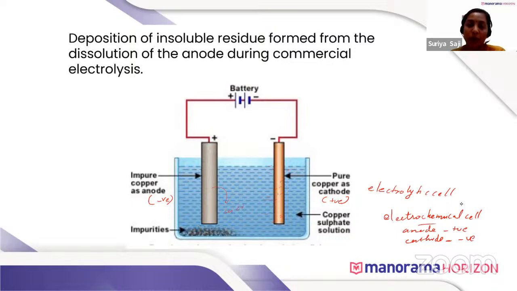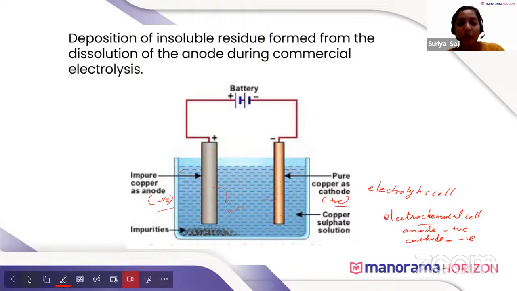This we need to keep in mind. That's why we have connected the positive pole of the battery to the anode here. It is reversed: in electrolytic cells, the anode is negative and the cathode is positive, and in electrochemical cells, the anode is positive and the cathode is negative. This we need to keep in mind. Okay, so shall we proceed?